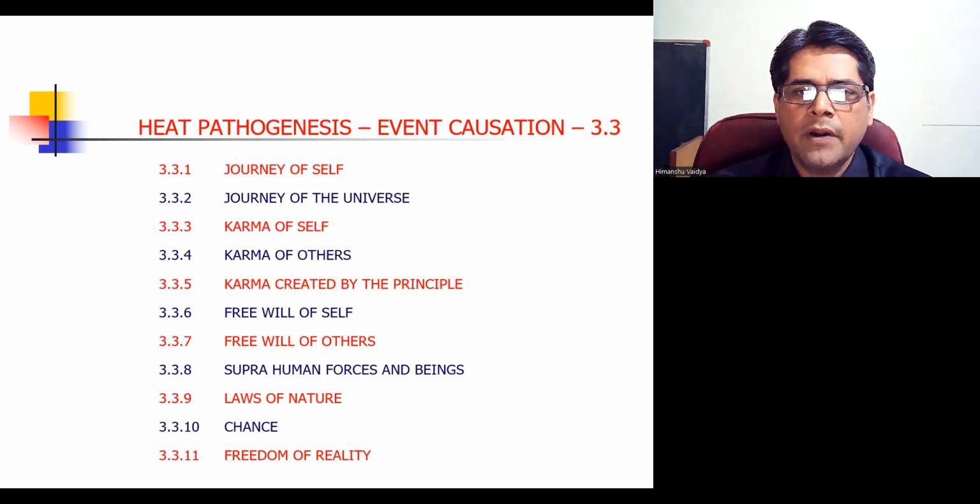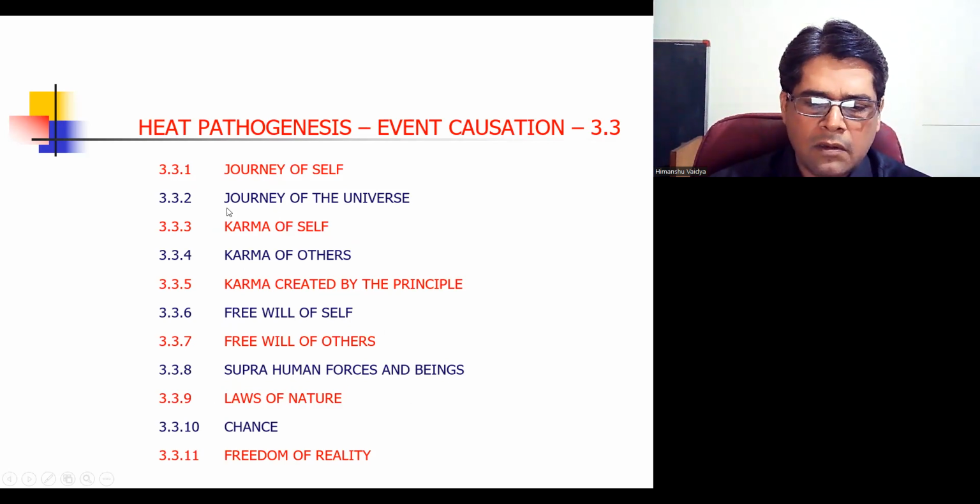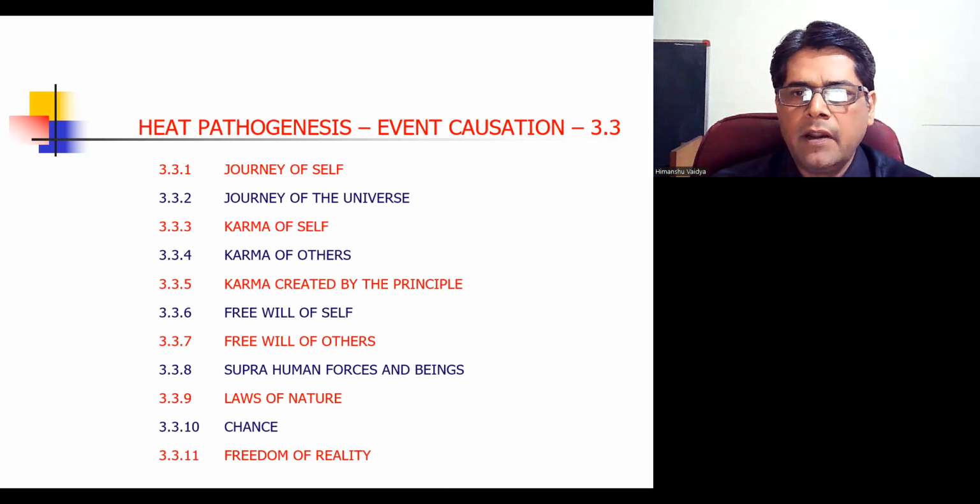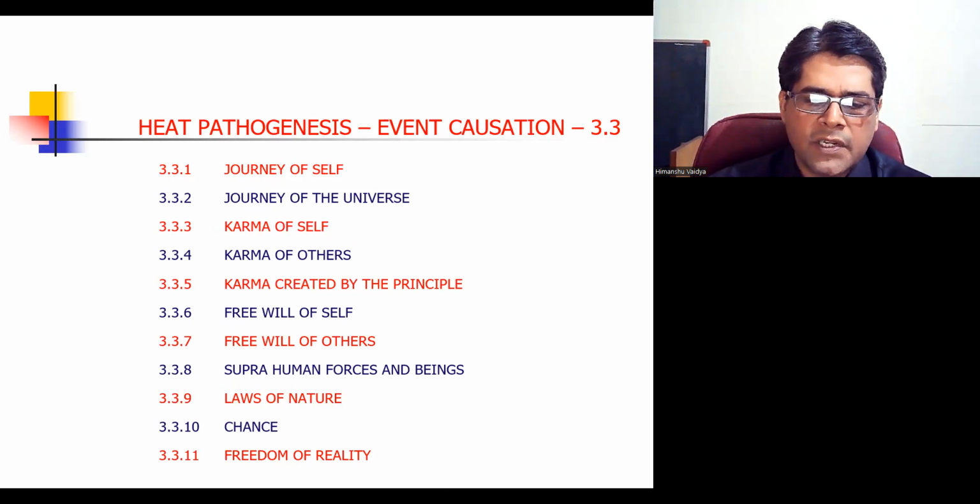The 3.3 model of event causation is a philosophical model applied to the context of psychopathology. The model is based on the primal question, why does any event happen at all? And what are the generic causation factors of any event?